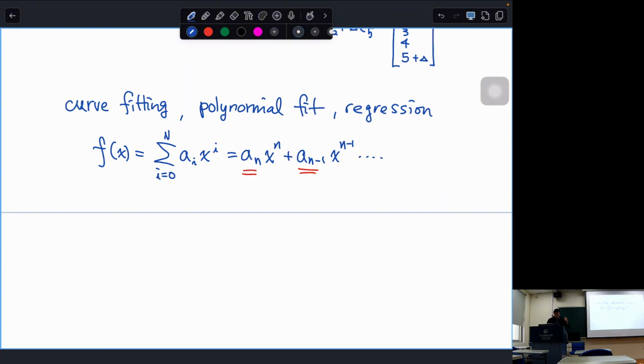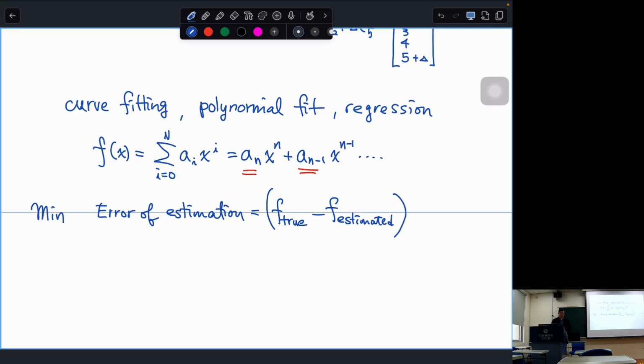In curve fit, you try to solve a problem. It's like the error of your estimation. The error can be described as the true function minus the estimated function, right? And if you can minimize it, then you can find the best fitting function.